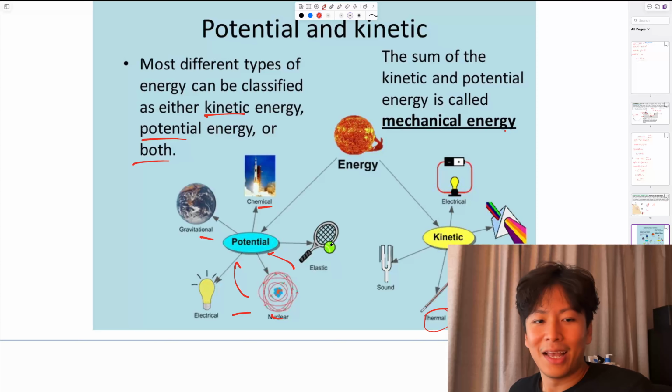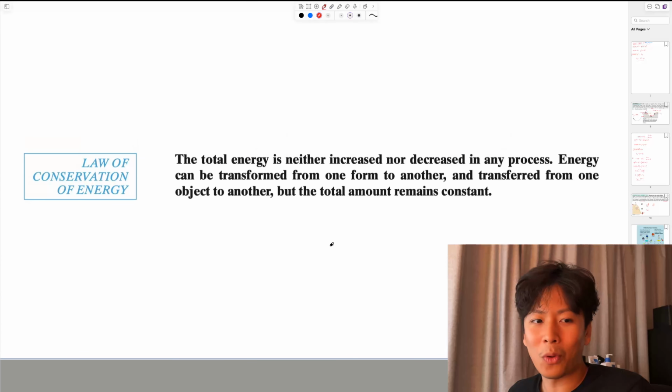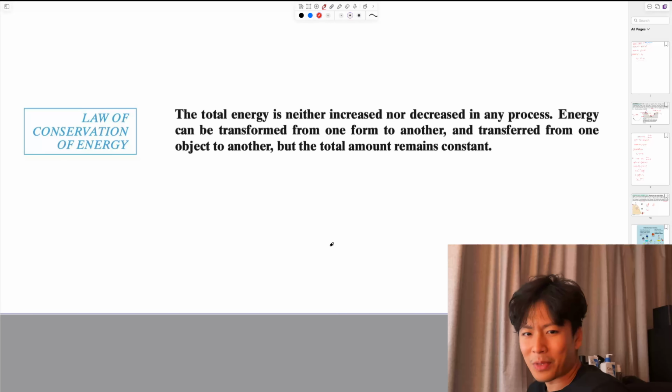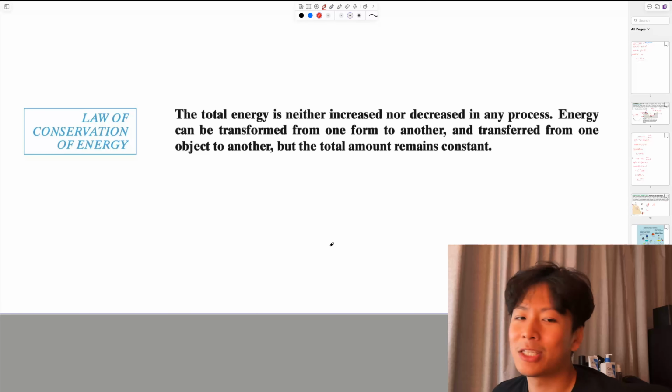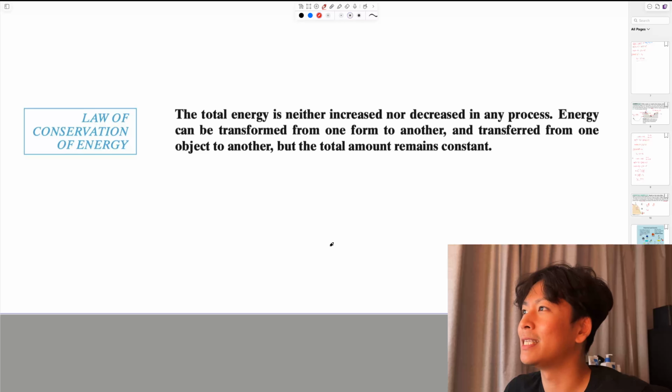Cool. Okay, so then we come to one of the greatest results of physics, right? The result is that whenever energy is transferred or transformed, we find that no energy is gained or lost in the process. The total energy is neither increased nor decreased in any process.